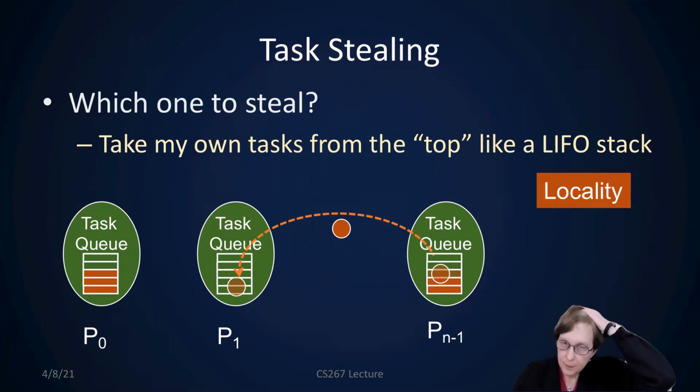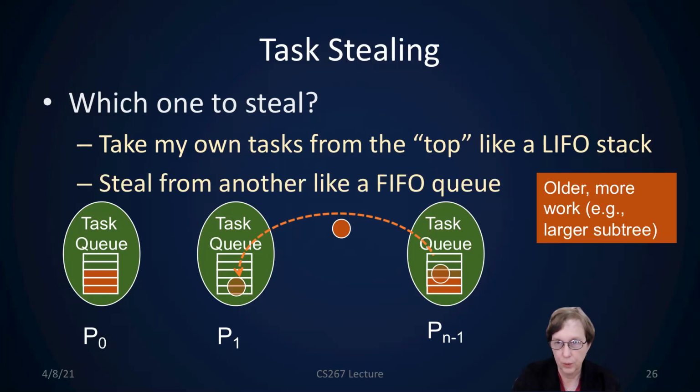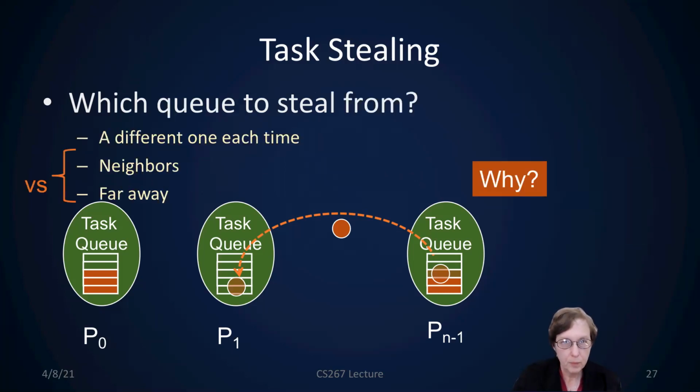Okay, so then this is about this locality issue for executing the local ones. And then when you're stealing, as I said, you want to steal something that is one of the older things to get more work. Okay, so now the other question is who to steal from.